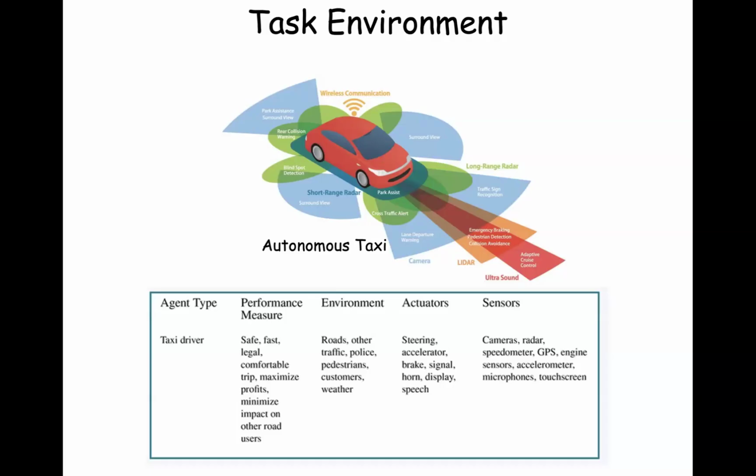And so for the taxi driving problem, you might want it to be safe, fast, legal driving. You might want to maximize profits. Okay, there's always the money side of things, etc.